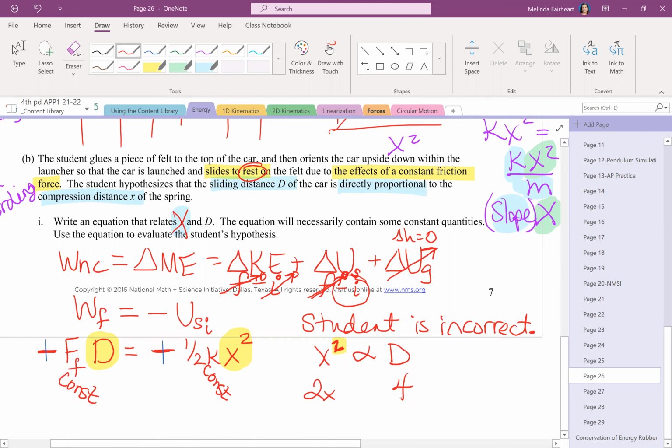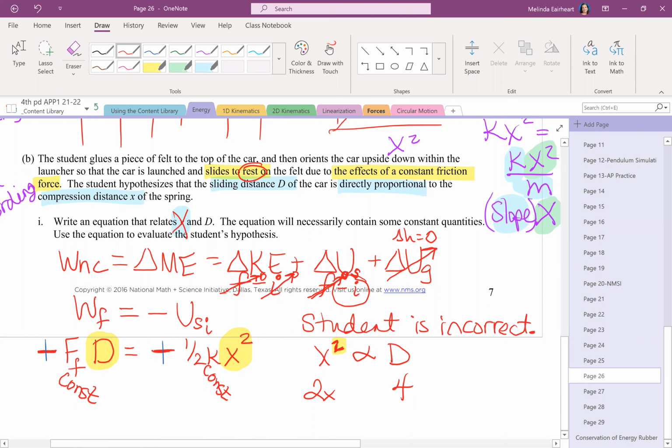Okay, one more little part for this question. On page 27, we get our last part. They give us a sample data table. It says, after performing several trials, the student creates a data table as shown. Does the data support the student's hypothesis? Again, the student hypothesized that that stretch distance is proportional to that sliding distance.